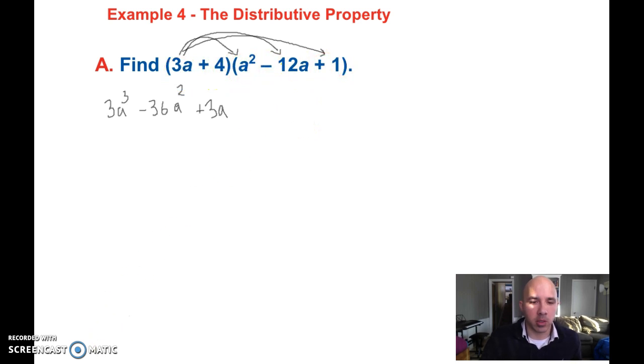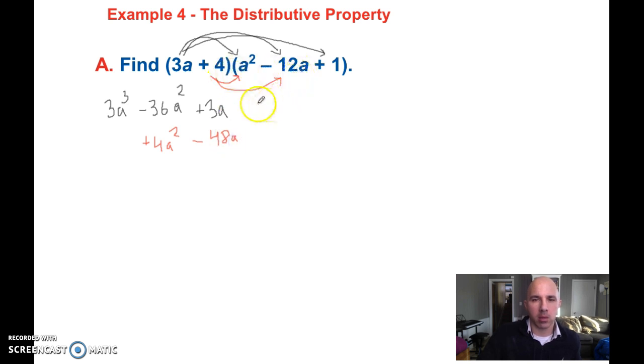The second step you want to do, I'm going to go ahead and change colors for you guys. Let's go red. And we're going to say 4 on the inside, 4 times a squared. And then we're going to go 4 times negative 12, which is going to be negative 48a.